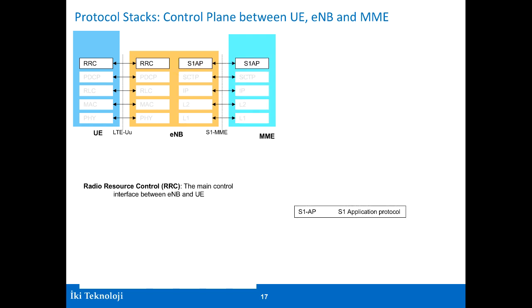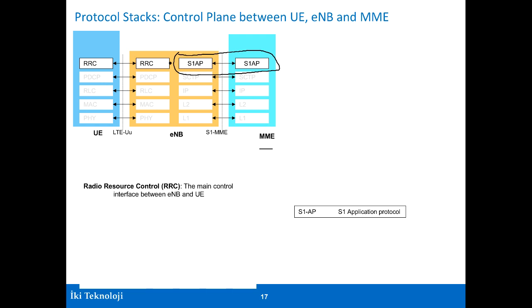And then on the side between the base station and the MME, we have the S1 application protocol, which is used for communication between the base station and the MME.